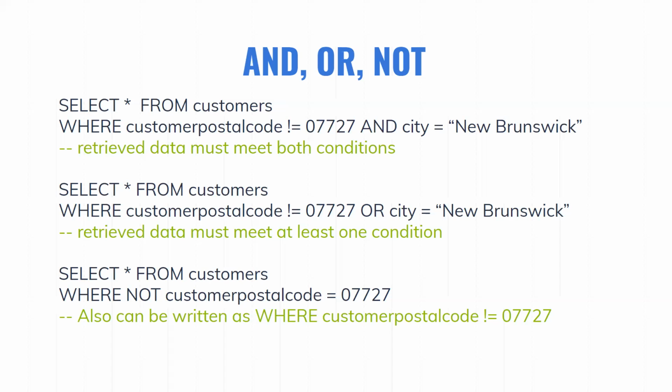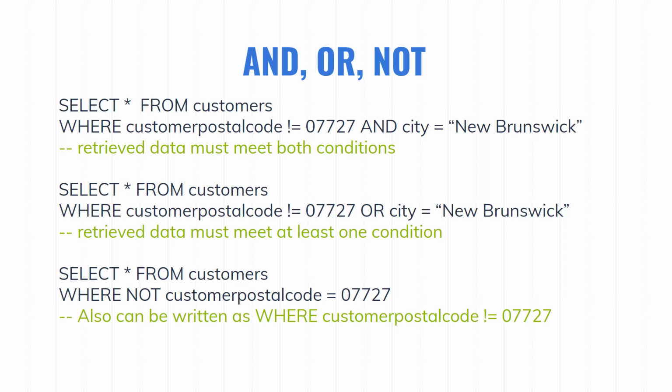In the second statement, we're retrieving data that must meet at least one condition. So we're asking for all of the columns, all of the customers that either have a customer postal code that is not equal to 07727 or that live in city equals New Brunswick.